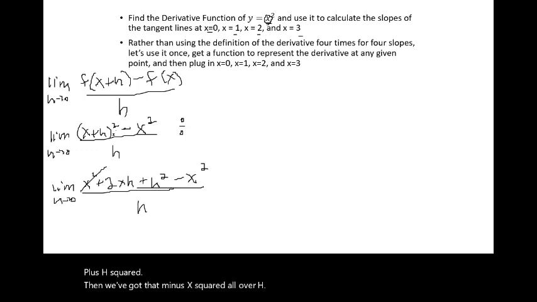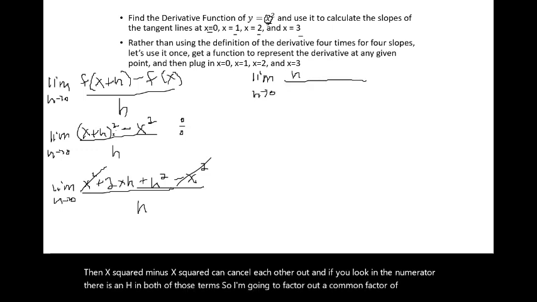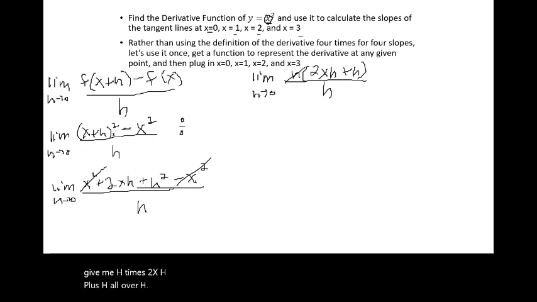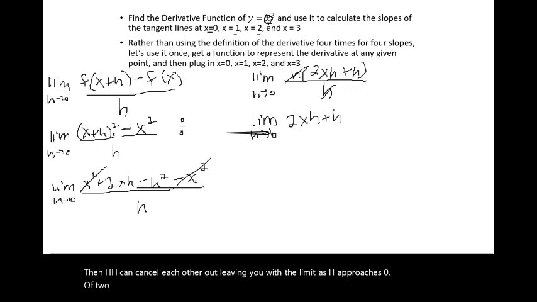Then x squared minus x squared can cancel each other out. And if you look in the numerator, there is an h in both of those terms. So I'm going to factor out a common factor of h. So that will give me h times 2x plus h all over h. Then h and h can cancel each other out, leaving you with the limit as h approaches 0 of 2x plus h.